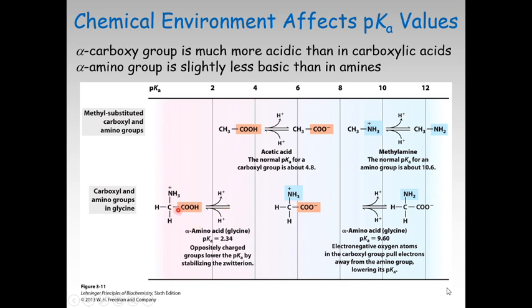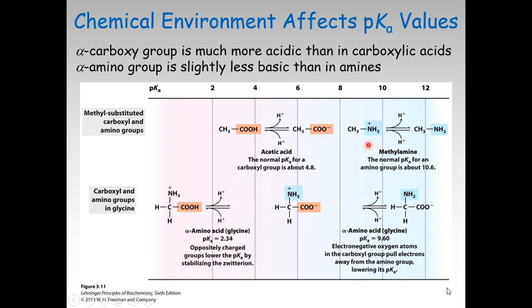To start with, for carboxylic acids, one of the main reasons is the presence of a positively charged amine next to it. This is an electron withdrawing group, and it withdraws electrons and makes this carboxylic acid group more acidic, whereas there is no electron withdrawing group attached to the methyl group in acetic acid.